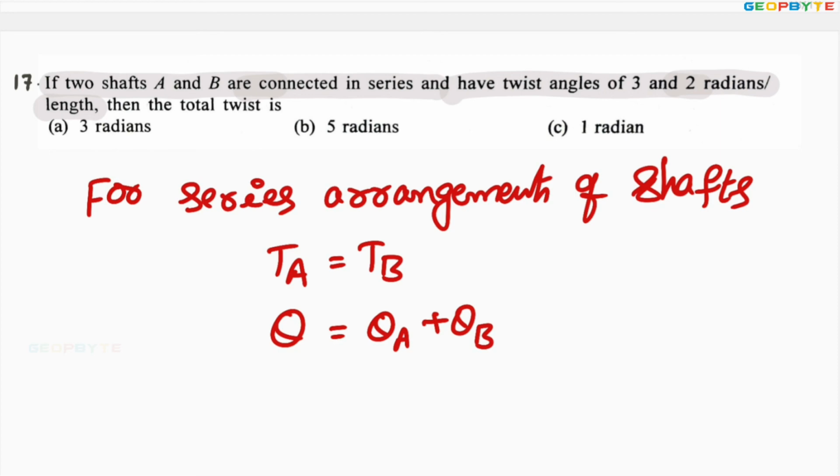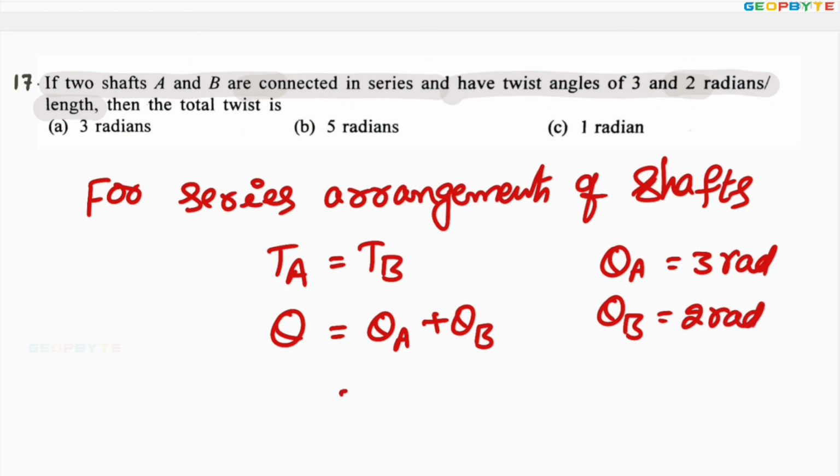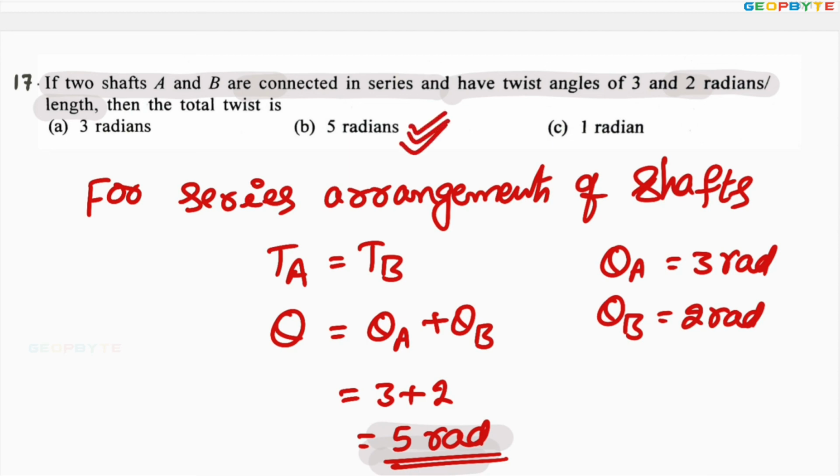Very easy problem. Then theta A plus theta B equals 3 plus 2, equal to 5 radians. Therefore, option B is absolutely correct.